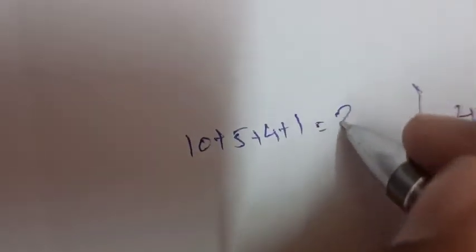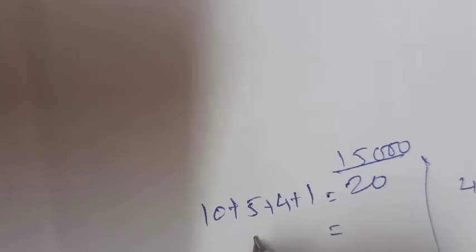Same thing we are going to repeat: 10 plus 5 plus 4 plus 1 is equal to 20. So we have to divide 15,000 by 20. So one share is 750.